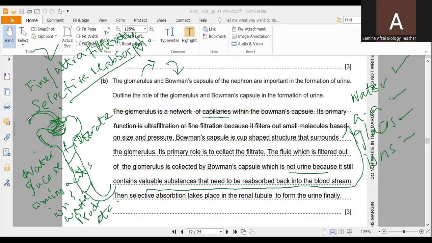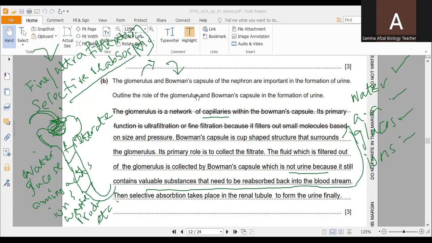In this way, the process takes place in the two major parts of the nephron, because the major functions are taking place over here: ultrafiltration and selective reabsorption. These two functions are performed in the nephron. So these are the major functions.